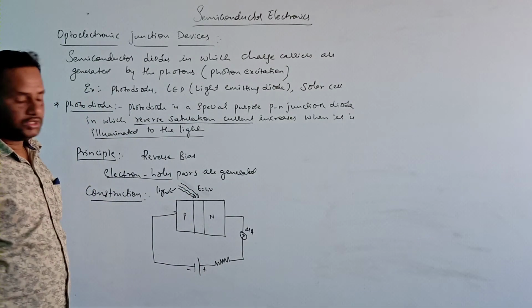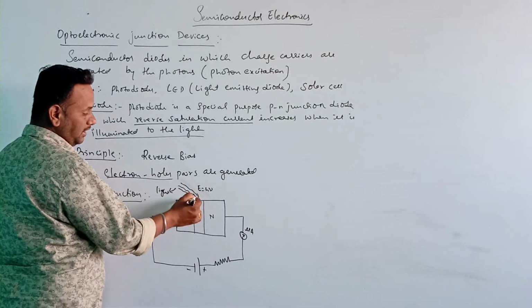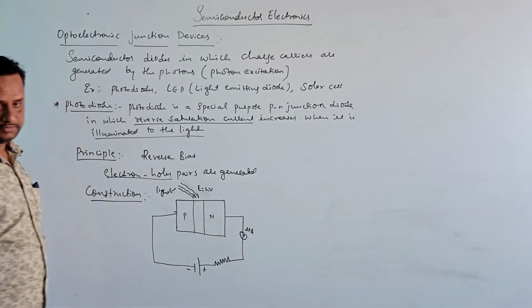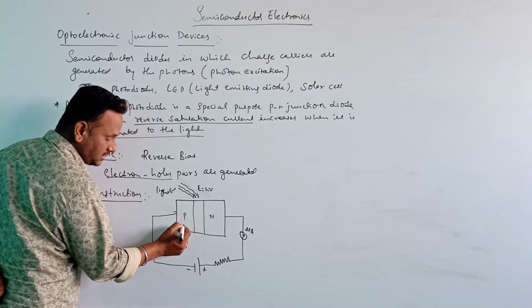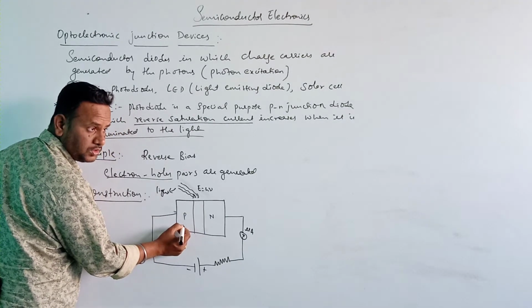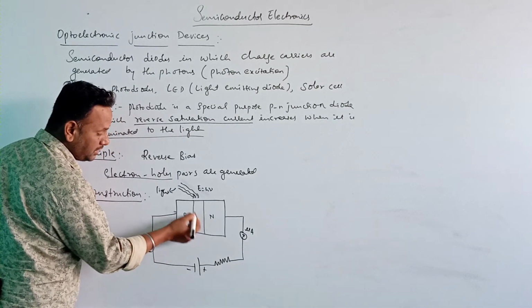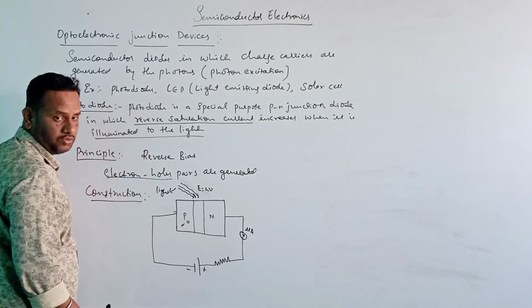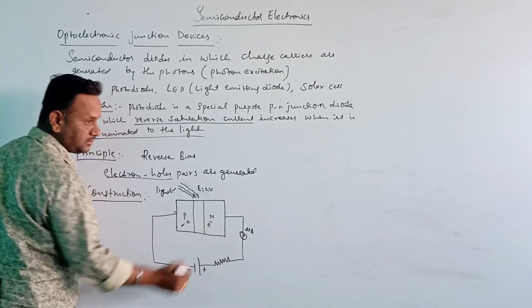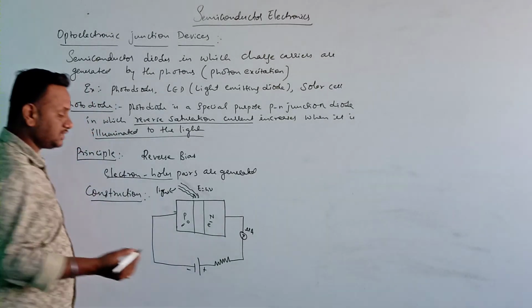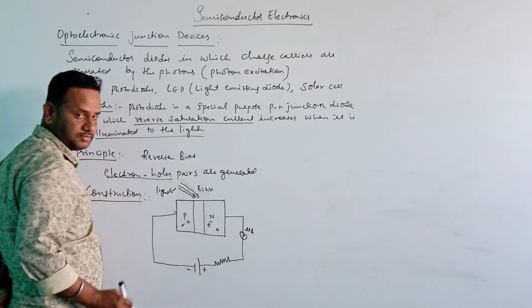Once the light is incident, as we know, the minority charge carriers in the P region are electrons, and in the N region the majority charge carriers are electrons and the minority charge carriers are holes.